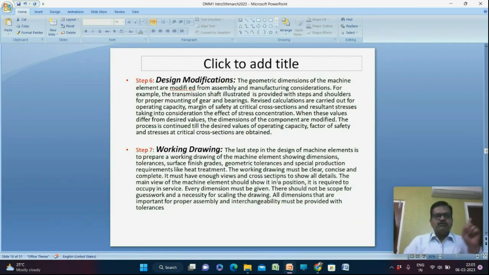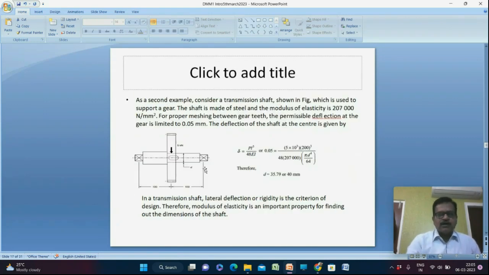When these values differ from the desired values, the dimensions of the component have to be modified. So here is a shaft, just as shown in the earlier diagram, and at the supports for placement of the bearings, the shaft is slightly reduced in size. When it is reduced in size, it becomes a case of stress concentration.